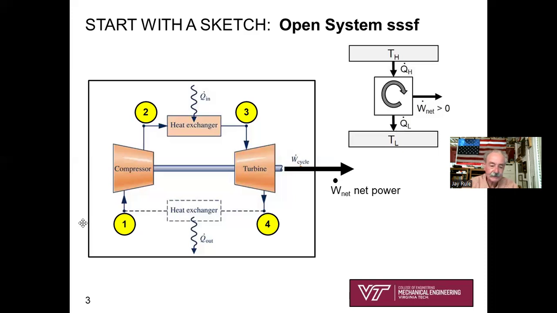Our big analysis for our Brayton cycle is going to be analyzing the compressor, 1 to 2, the heat exchanger, 2 to 3, and the turbine, 3 to 4. And what's that going to do? That's going to enable us to get the thermal efficiency of the power plant or of the gas turbine engine.